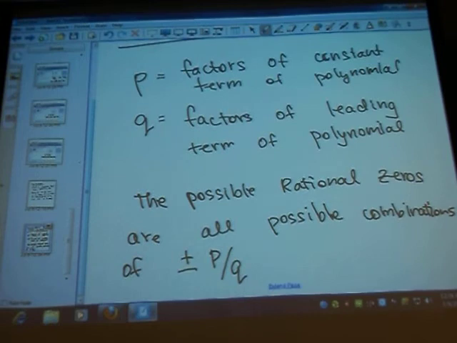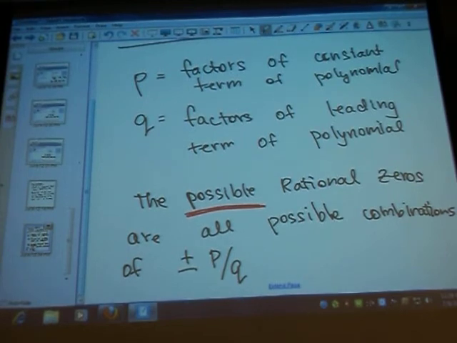Check every one by dividing. You divide it, if you get a remainder of 0, then it is a zero. If the remainder is not 0, you just toss it and move on. Okay? So this is kind of a long process. Only do this if the question says possible. If the word possible is in the question, then this is what they're looking for.